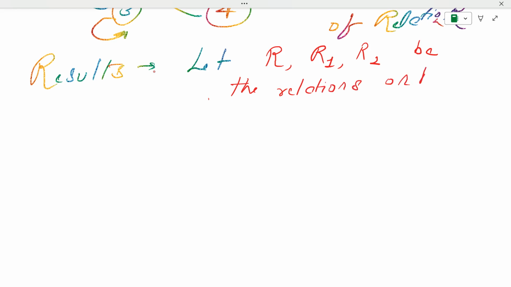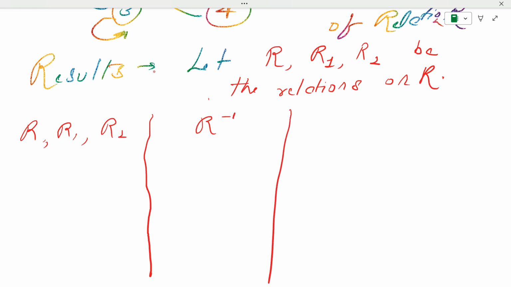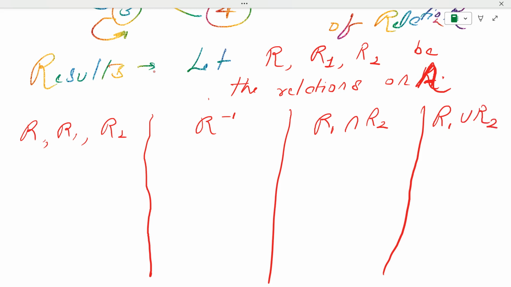Okay, so these are the relations on A. So if R, R1, R2 are relations on A, we have to find whether R inverse is reflexive, then R1 intersection R2. There are three relations, okay, and R1 union R2, right?